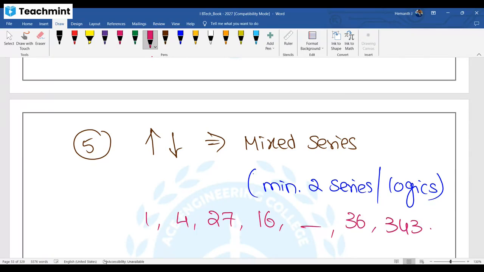This is one example related to increasing and decreasing. 1, 4, 27 is increasing. 27 to 16, in the same question, it is increasing and decreasing. 4 to 27 increasing, 27 to 16 decreasing. Here 2 series or I can say 2 logics are there, minimum. Sometimes 3 logics also are available. So what are the 2 logics here?